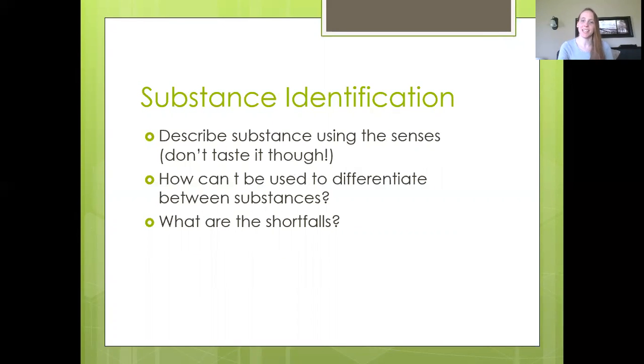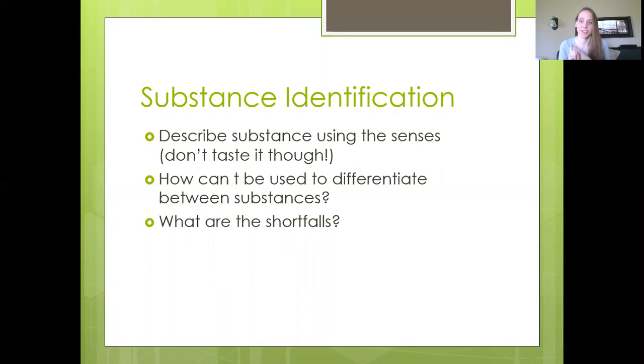When it comes to identifying a substance, again, you can use your senses in order to do that. Hearing is a tough one to use. Sight is a really useful one. Smell can be really useful, but you should never just go up and sniff a substance. You should just waft it towards you. And then taste should never be done in a lab.